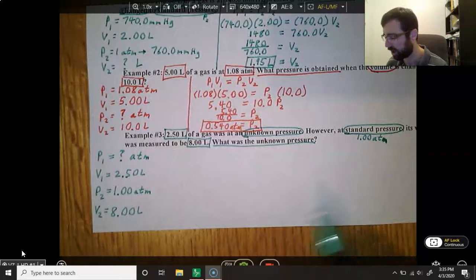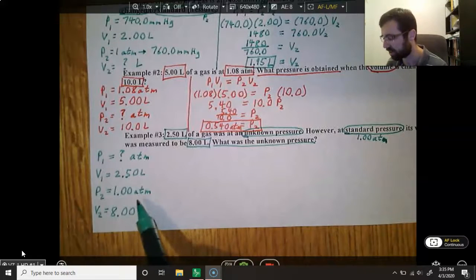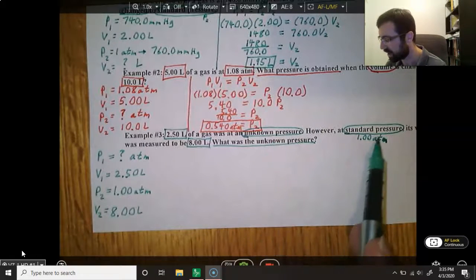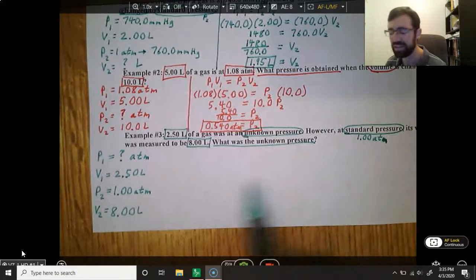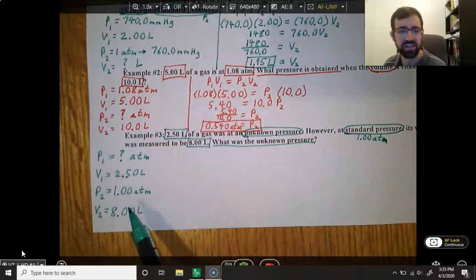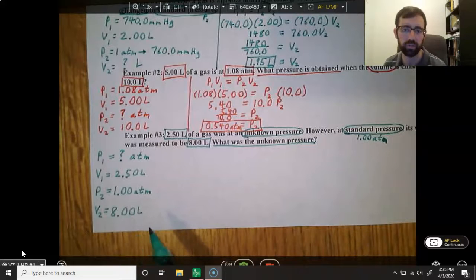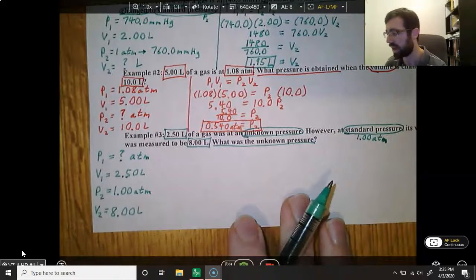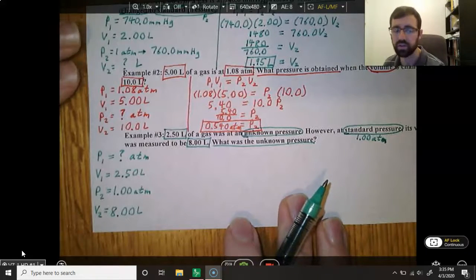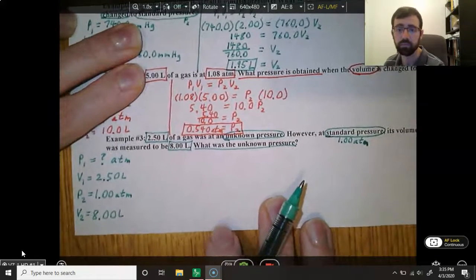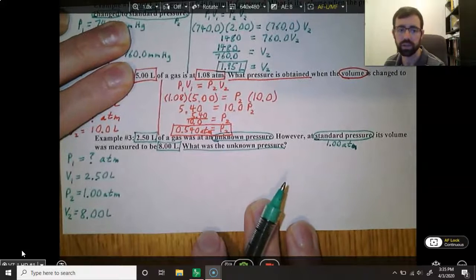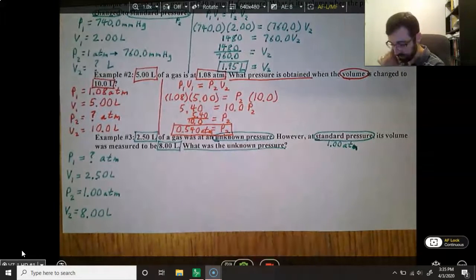And since I know that standard pressure is 1 atmosphere, I'm going to leave it in atmospheres because that's easier than converting it to millimeters of mercury or kilopascals. But you could certainly do that. It's just an unneeded step, and you're just going to get a different number and also different units. All right.